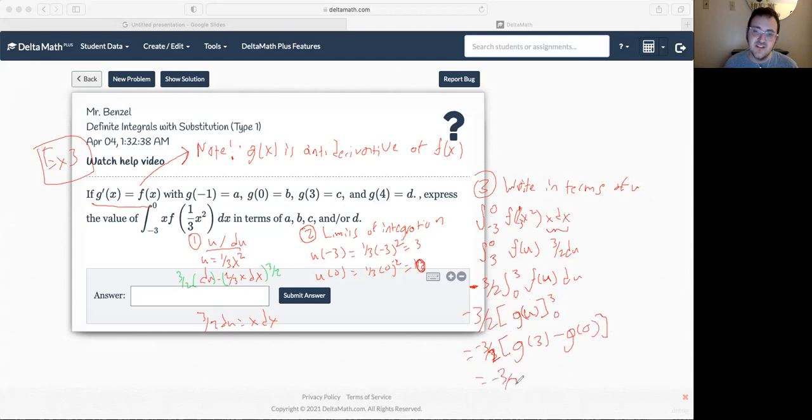So that's going to be negative 3/2 times c minus, and then g of 0 is b.